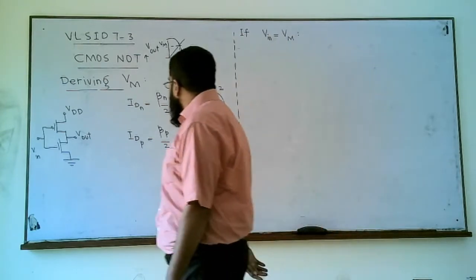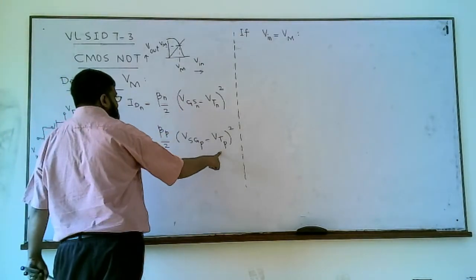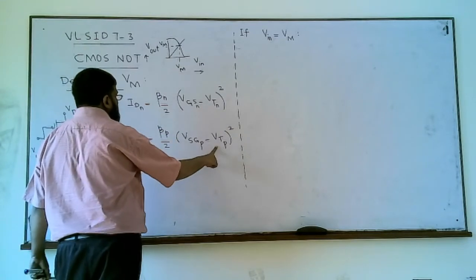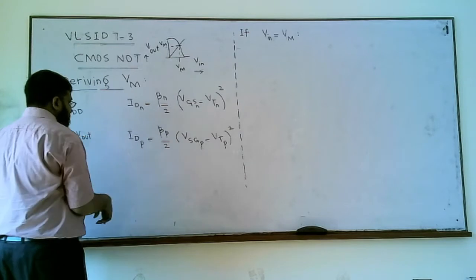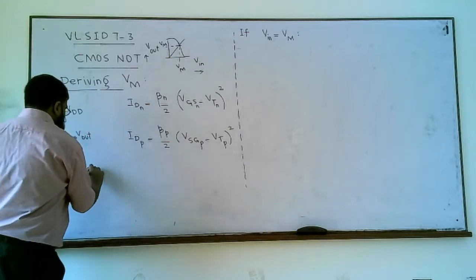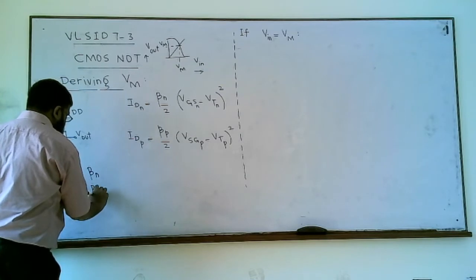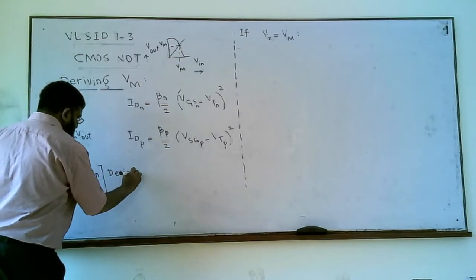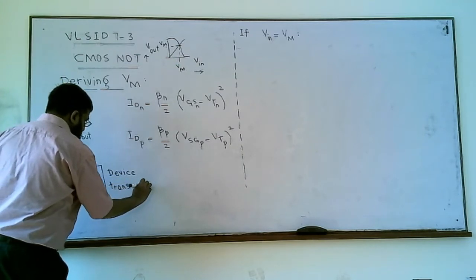And for these two expressions we have the threshold voltages that we already know, the threshold voltages for N and P, and we have two new terms here, beta N and beta P, where beta N and beta P are device transconductance.